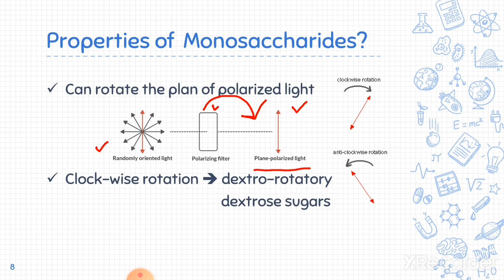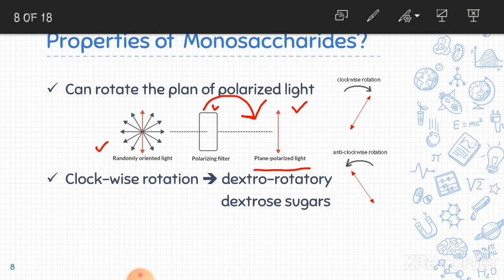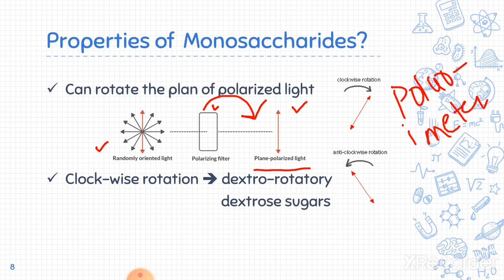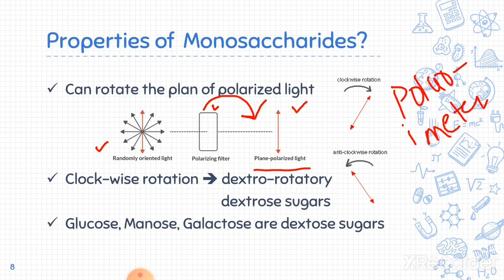And we usually study the angle of rotation of this plane polarized light by different substances with the help of an instrument called a polarimeter. Glucose, mannose and galactose, these three monosaccharides are mainly the dextrose sugars.